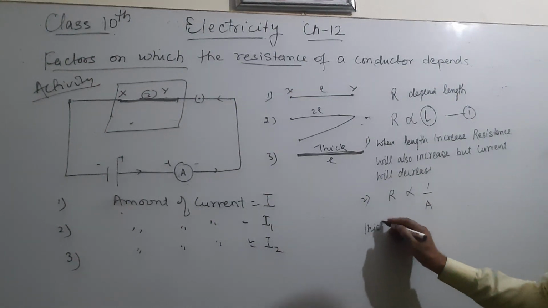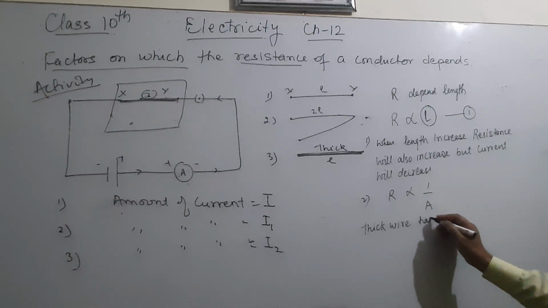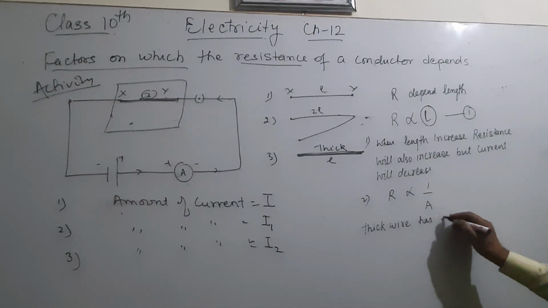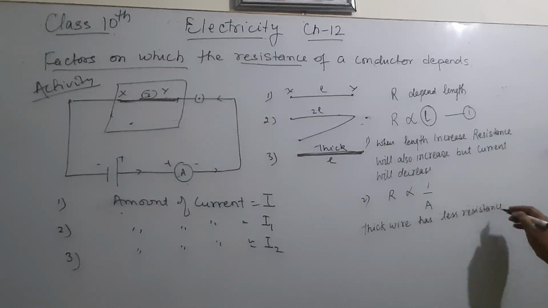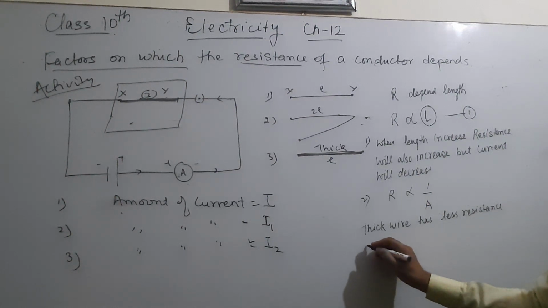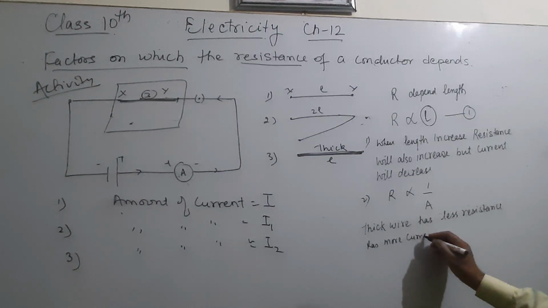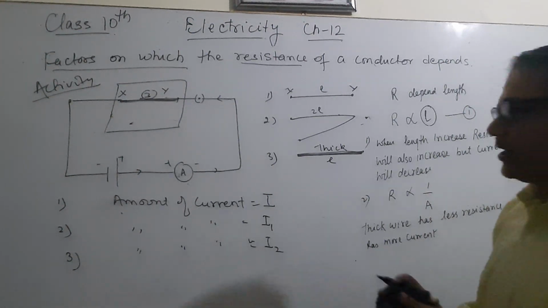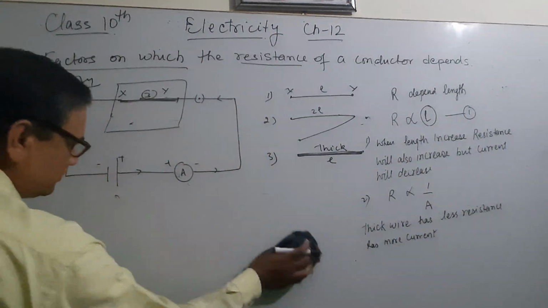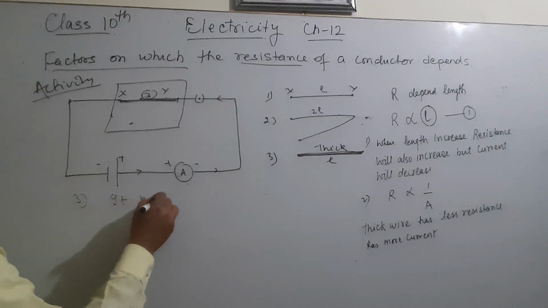A thick wire has less resistance, which helps to produce more current. And the third is that it depends upon the nature of the material.